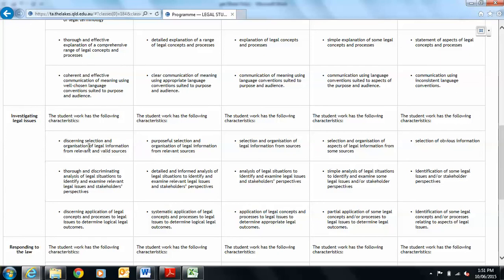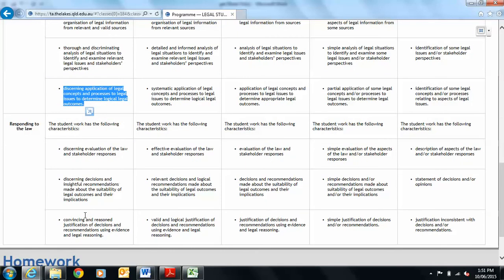So what are the important pieces of information that we're going to use? We have to look through the situation and examine legal issues and stakeholders' perspectives. Be careful too, with an issue around marriage, that we are thinking about legal issues and legal processes. And discerning application of legal concepts to determine logical legal outcomes.